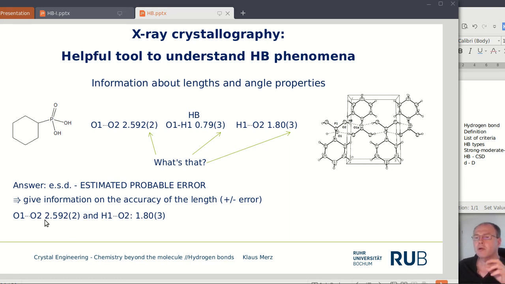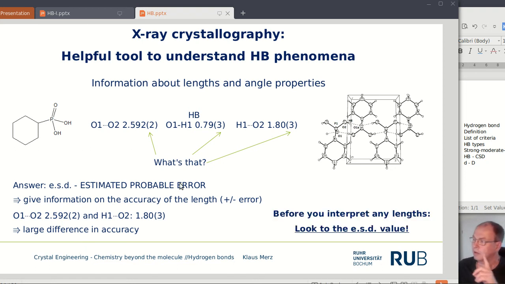So if you now compare this value 2.592, in the last digit plus minus 2, with 0.79, last digit plus minus 3, there's a difference of a factor of 10. In this case the second digit means plus minus 3. In this case the third digit means plus minus 2. There's really a large difference in the quality of a contact or distance.